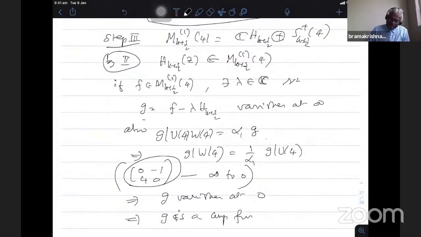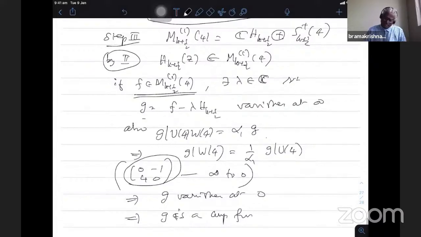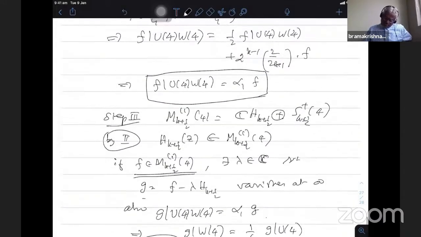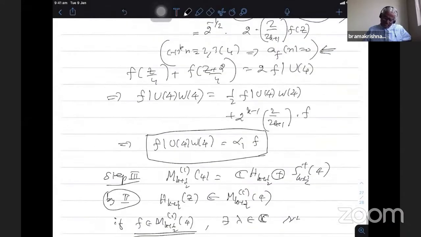Given any F in M_k^1 space, M_{k+1/2}^+(4), I can always write it as an element of the plus space times H_{k+1/2}. Let me see why G belongs to the plus space. Plus means alpha eigenspace.